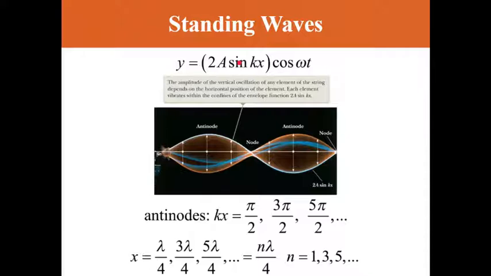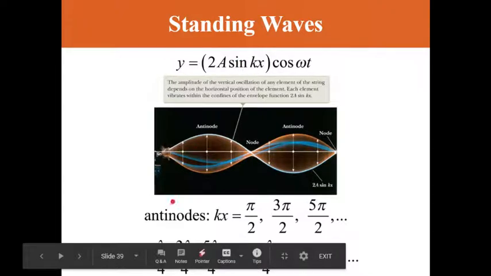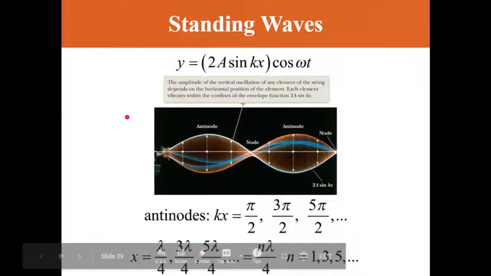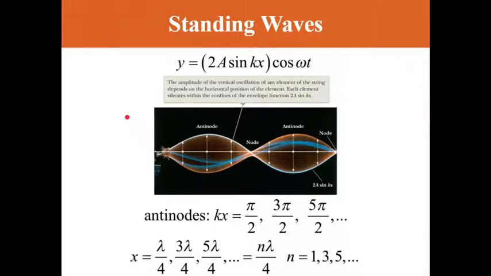That corresponds to a position along the medium of a quarter of a wavelength, or 3/4 of a wavelength, or 5/4. So basically, whenever your position is equal to an odd number of wavelengths divided by 4, then you will be at a point of max displacement where the sine term here is maximized.